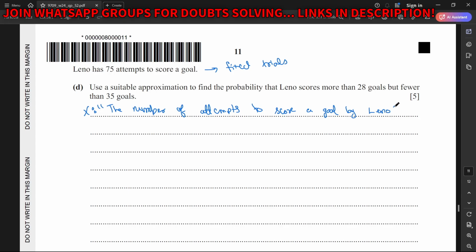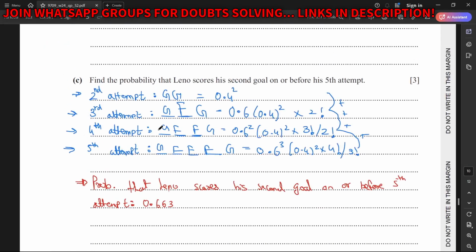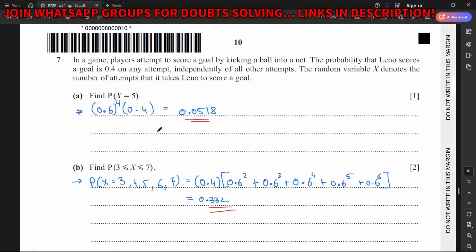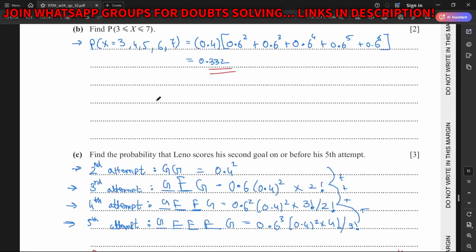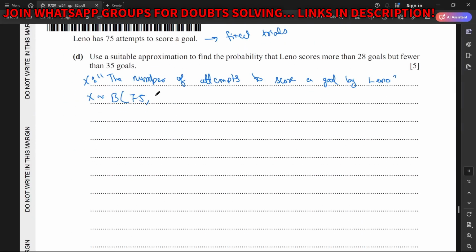And from here we can say that X belongs to the binomial distribution with n being 75, and what else is given to us? 0.4 is the probability of scoring a goal on an attempt. So 0.4 will be the value of p.